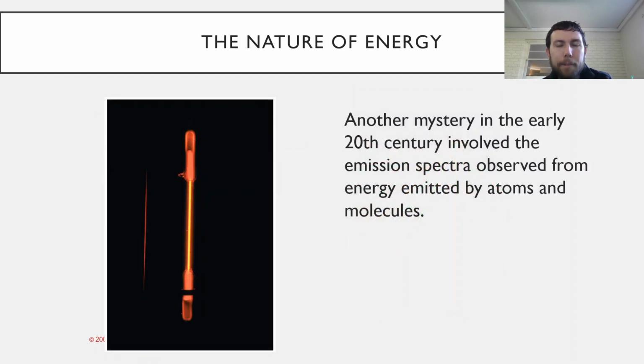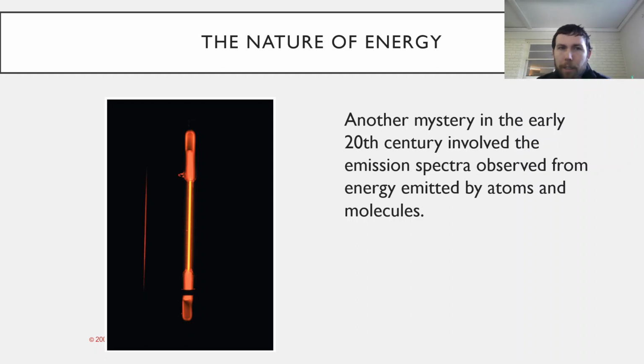Now, something else that bothered scientists during this time period is that there were certain wavelengths of light that atoms were giving off. This was known as an emission spectra, right? An emission spectra is observed from energy emitted by atoms and molecules.